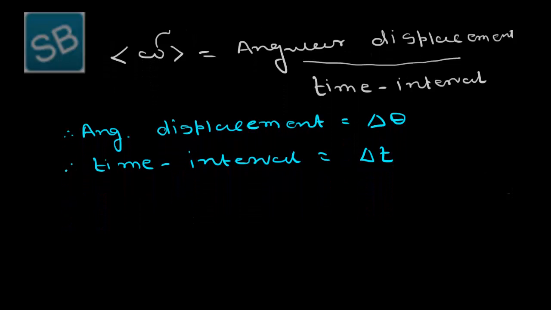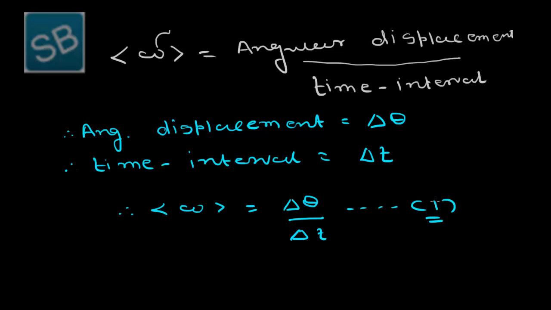So now I can substitute the values in the equation: omega equals delta theta over delta t. So this is the equation of angular speed.